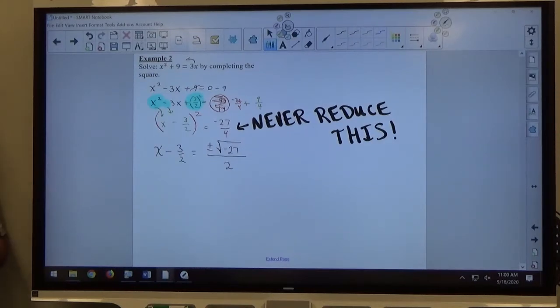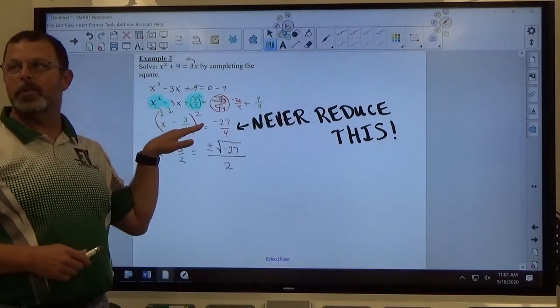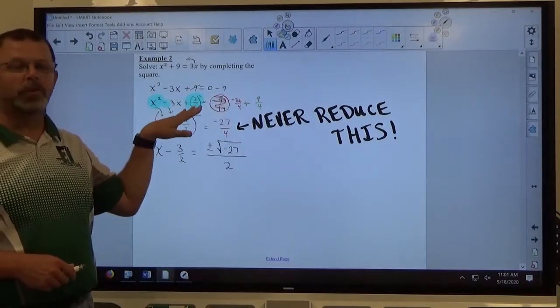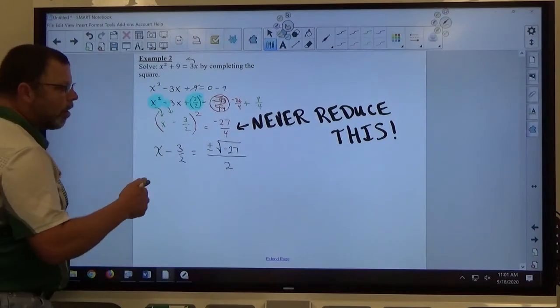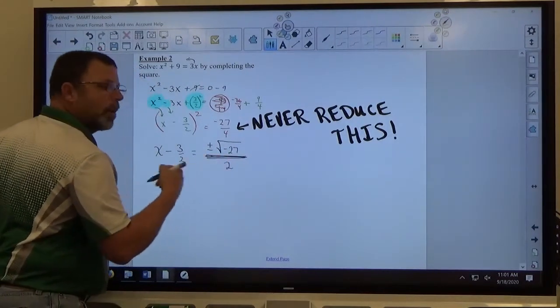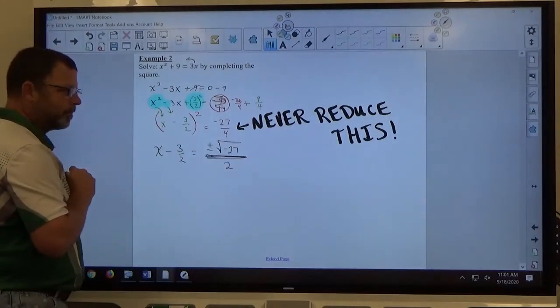That's how you take a square root of a fraction. The top may or may not be a perfect square, but the bottom will always be a perfect square. That's why you don't want to reduce, because if you reduce, maybe it gets rid of the perfect squareness of it. This one didn't reduce anyway, so it's irrelevant, but sometimes it will. Don't ever reduce that. Notice that I made this fraction bar long enough so it did not look like the 2 is under the radical. Plus or minus the whole thing on top.